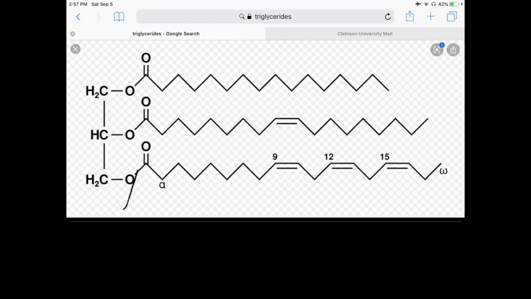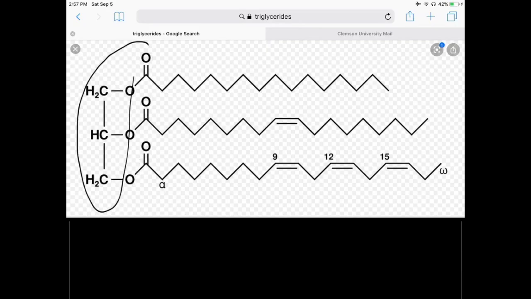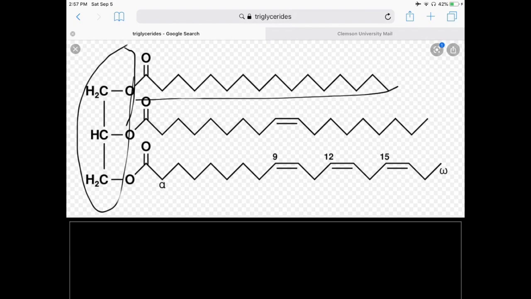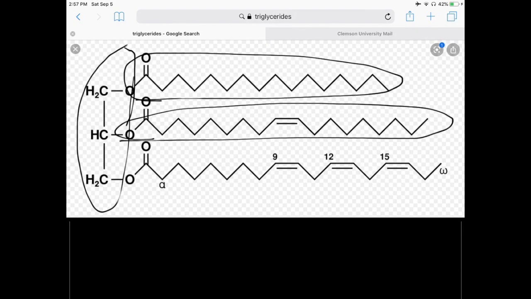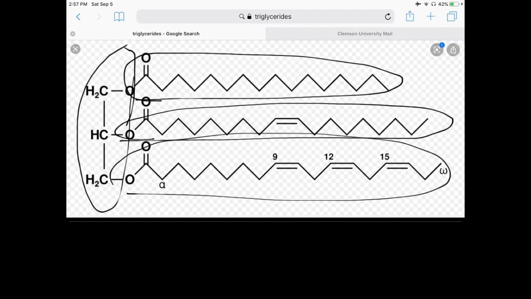This is a glycerol molecule. We don't really care what the structure is, but what we want to see is that a triglyceride has a glycerol molecule, and then these are called fatty acid tails. That's a fatty acid tail. That's a fatty acid tail. That's a fatty acid tail.